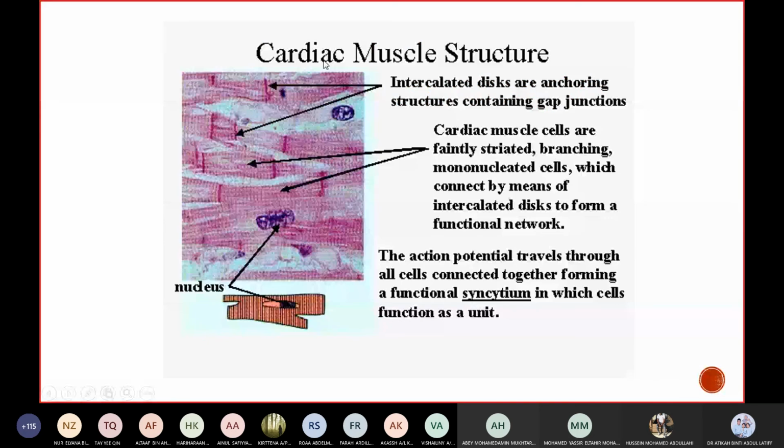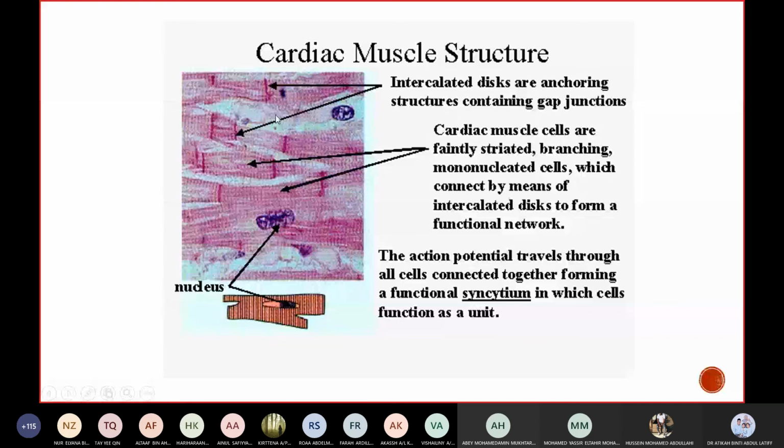So cardiac muscle has a different organization than skeletal muscle. Okay, it has branching of the fibers. It's not as closely tied or packed as the skeletal muscle just now, and it has these red or purple dark bands here called the intercalated discs.